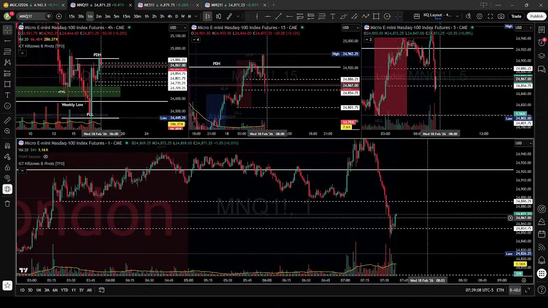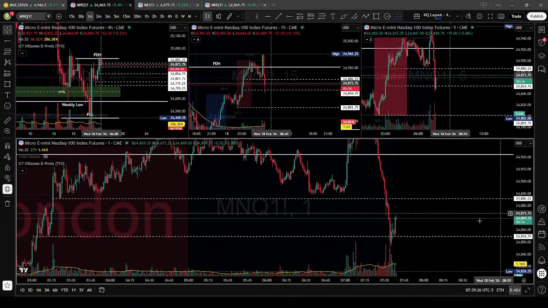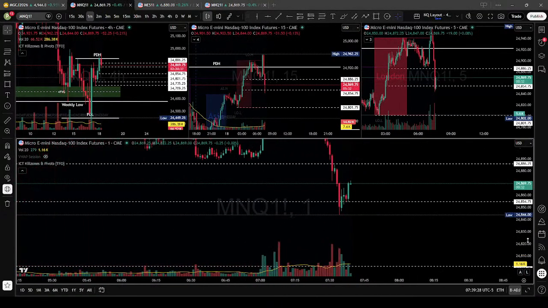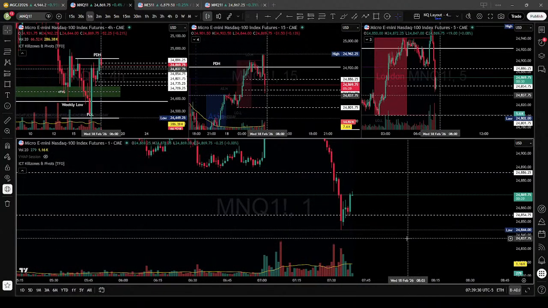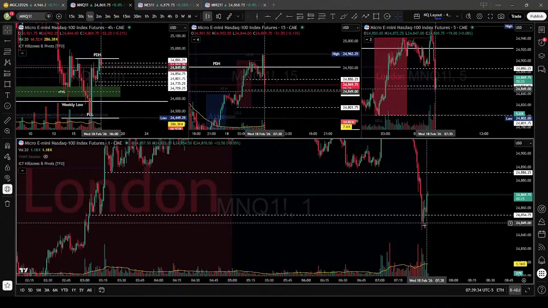Now this fair value gap has been inversed. There's still no liquidity sweep down here. There was one, and this one swept, but not here.